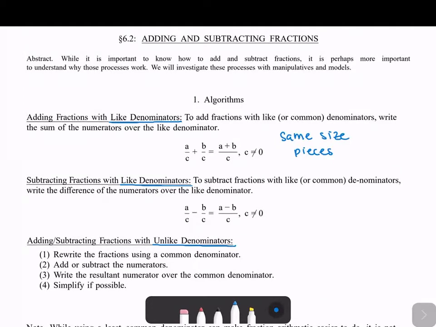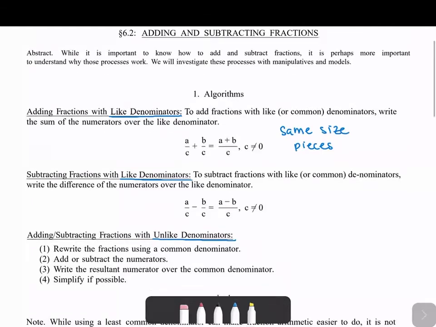And if we have the same denominator, then the whole is divided into the same number of pieces, and therefore the pieces are the same size. So in order to add, we just count how many of those pieces we have all together, and that's the same as adding the numerators.